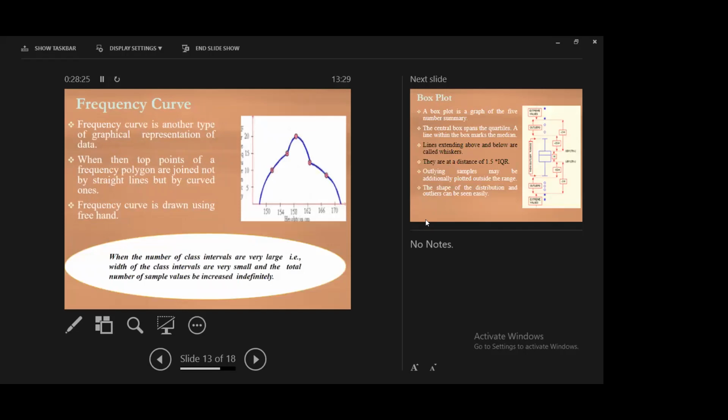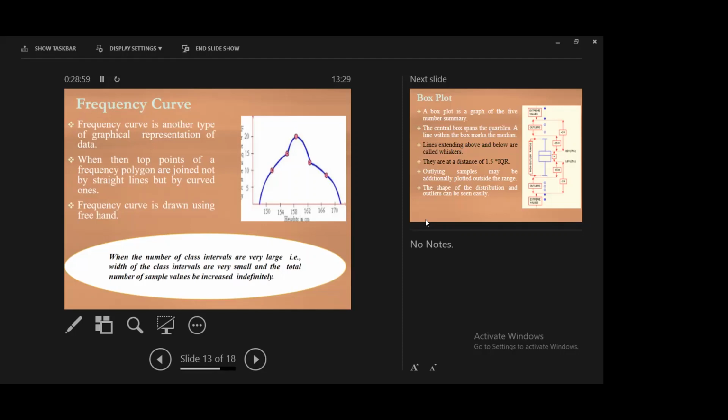If you can see this circular box at the end, it shows that when the number of class intervals is very large, which means the categories in your data are very many and smaller in size, meaning the width of the class interval is not much, it is better to use a frequency curve rather than a frequency polygon.